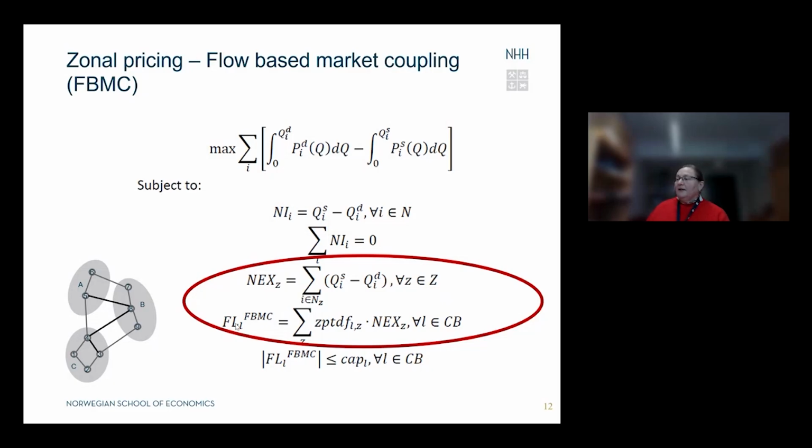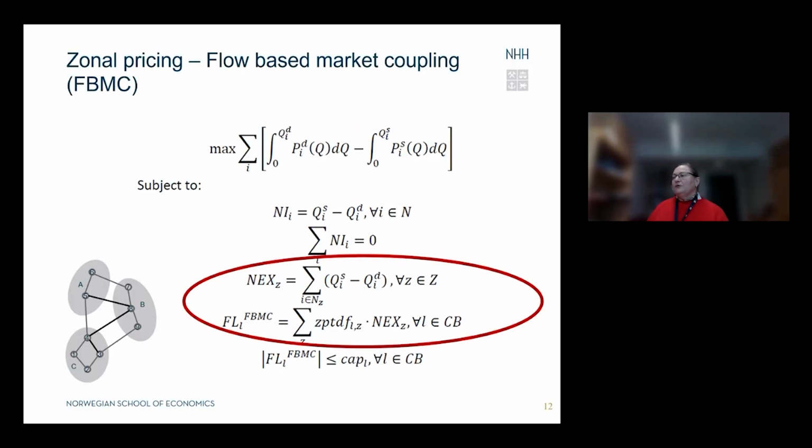And then we can calculate the flow across individual lines by using something called zonal power transfer distribution factors, which we multiply with the net injections in the zones to get an expression for the flows on the individual lines. And the last inequality shows how we are restricting flows between areas on these individual links.